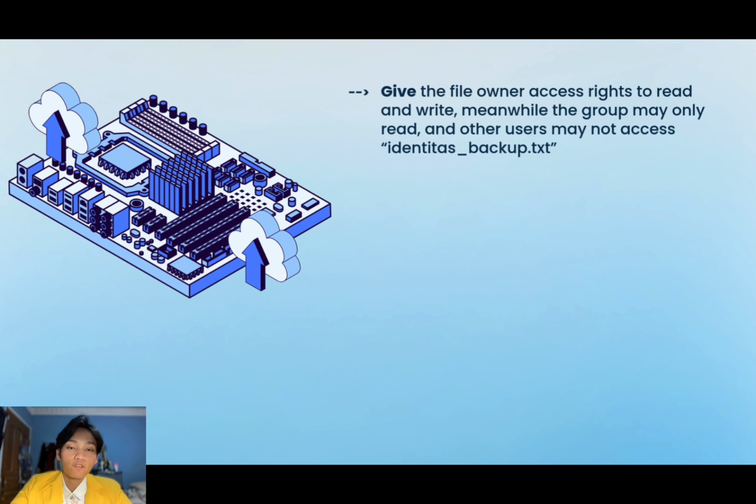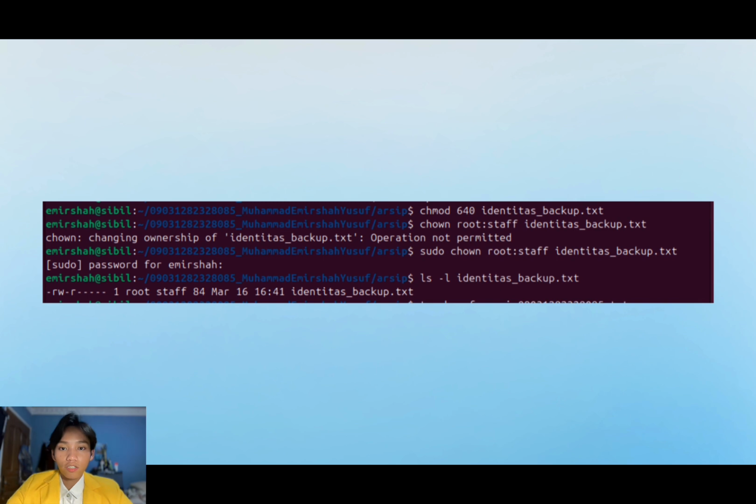Now let's focus on the first task, which is to give the file owner access right to read and write, while the group may only read and the other user may not access identitas backup text. We will execute a series of commands to control file permission and ownership.